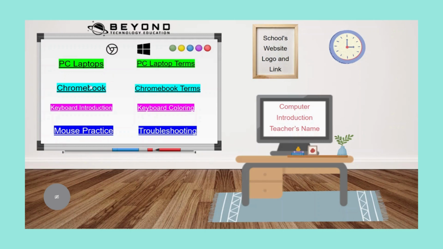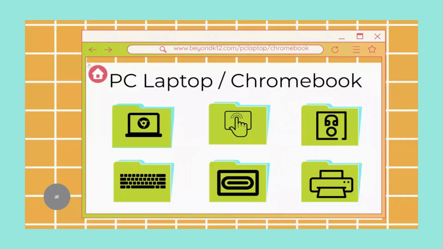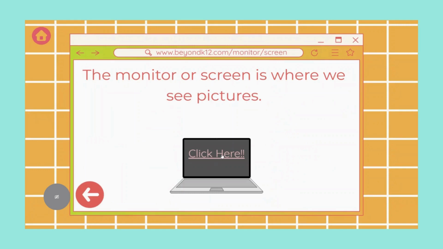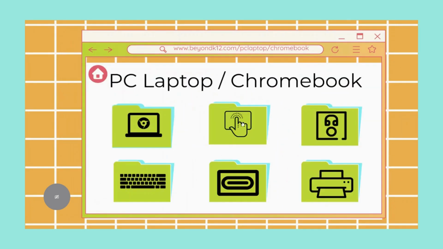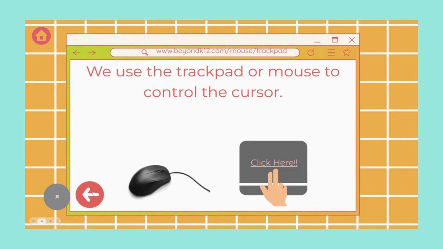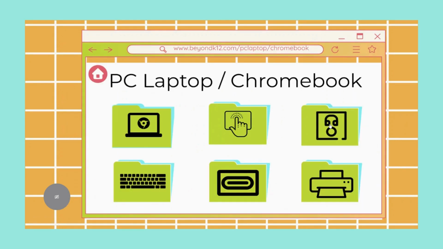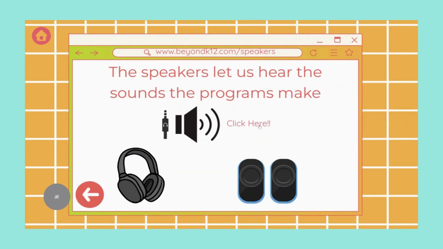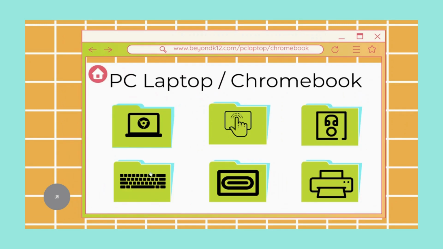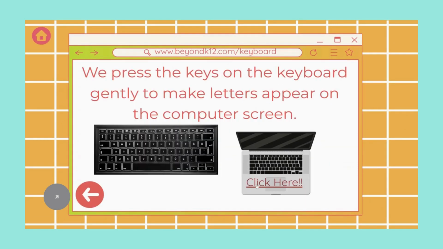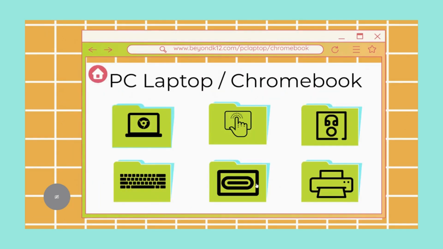Let's say my students are using a laptop. We will review these icons and what they're for. They can either click on the picture or go back. They have those options, and you can talk about each function and what they're for. They can also practice their clicking.